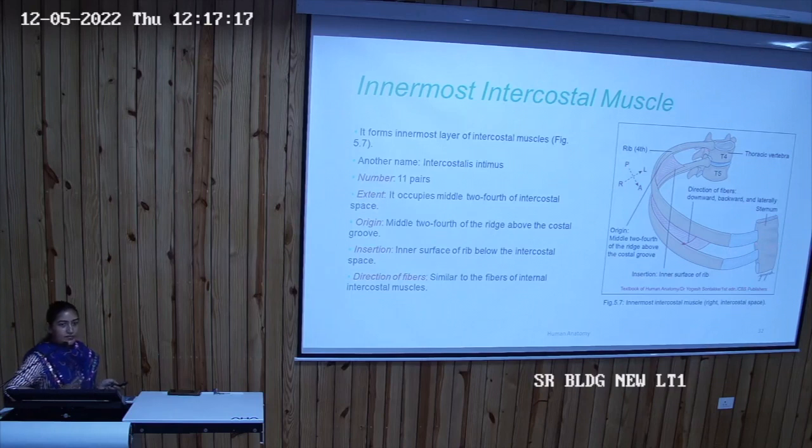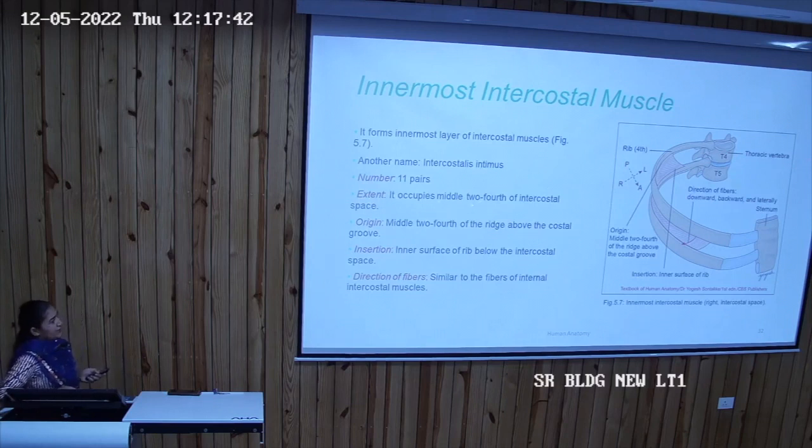So anteriorly there will be the anterior intercostal membrane, and the next layer will be the fibers of the internal intercostal muscle. Posteriorly, when you come sequence-wise, there will be the external intercostal membrane, external intercostal muscle. Then you have the posterior intercostal membrane, and next you will find the endothoracic fascia.